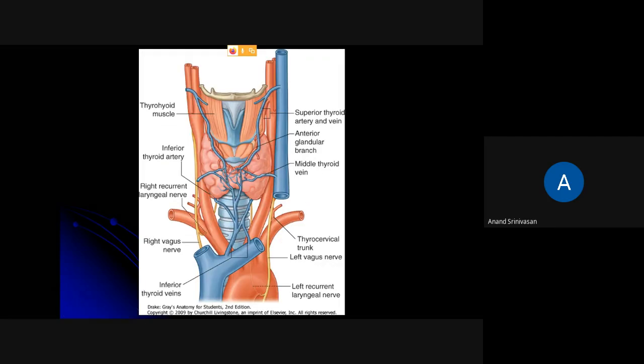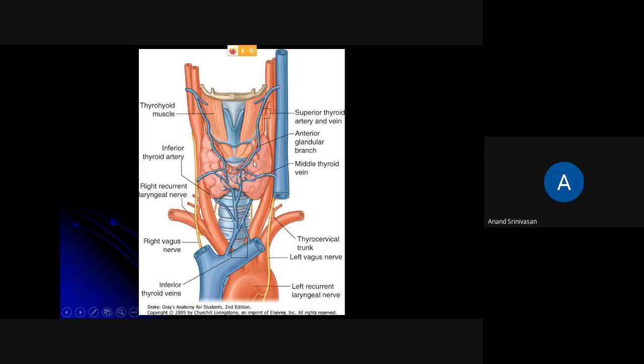Now, the venous drainage: it's drained by the superior thyroid vein, middle thyroid vein, and inferior thyroid vein. The superior thyroid vein goes into the internal jugular vein on the respective sides, right to the right and left to the left. The middle also follows the same. The inferior thyroid veins, however, join together and then open into the left brachiocephalic vein.